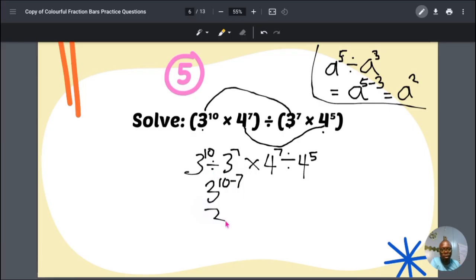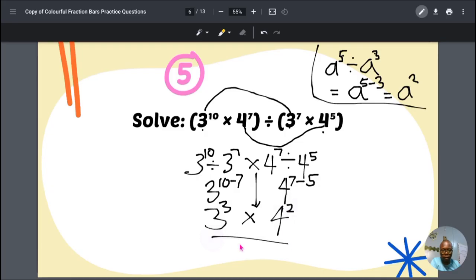So this will be 3 raised to power 3, and then this times comes down. 3 raised to power 3 times 4. You pick one of the bases, 4, and then at the top you will have 7 minus 5. Minus because we have a division between them. So that will be 4 as the base, and we have 7 minus 5.